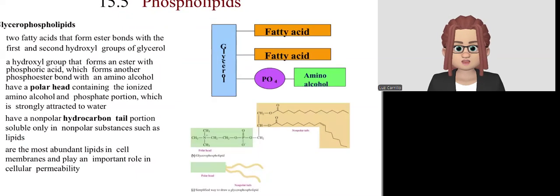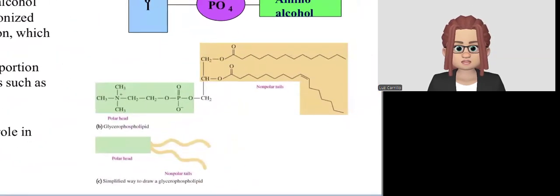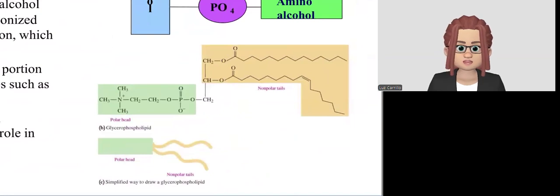So when we look closely at this in terms of organic chemistry, here are the fatty acids. You can see this one is saturated. This one is unsaturated. And then the last part of glycerol connects to phosphate, followed by an amino alcohol. In order to draw these large molecules, one of the cartoons used to represent phospholipids is the following, in which you have a representation for the polar head and a representation for the two fatty acid tails.